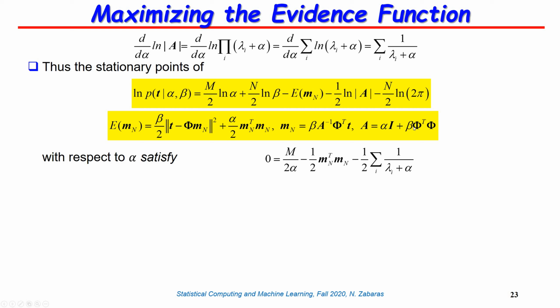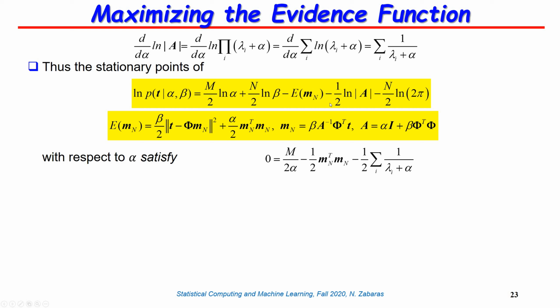So what I'm going to do is keep this matrix A fixed, and I'm not going to take derivatives of mN with respect to alpha, because as you will see shortly, I'm going to be doing an iterative process where for a fixed mN I'm going to be recomputing what alpha is, and then reevaluating mN and keep iterating. So for now, when you take derivatives with respect to alpha, I only account for this term 1/2 mN transpose mN, and I don't touch the dependence of mN on alpha that comes through this matrix A.